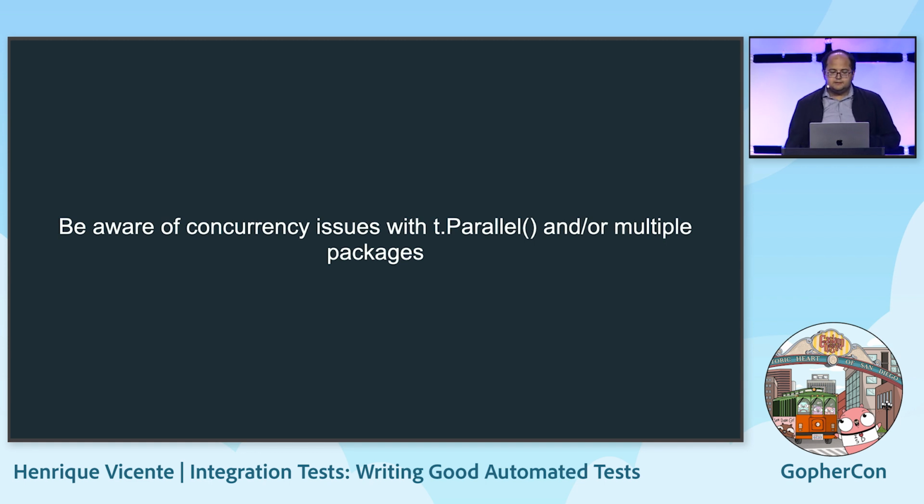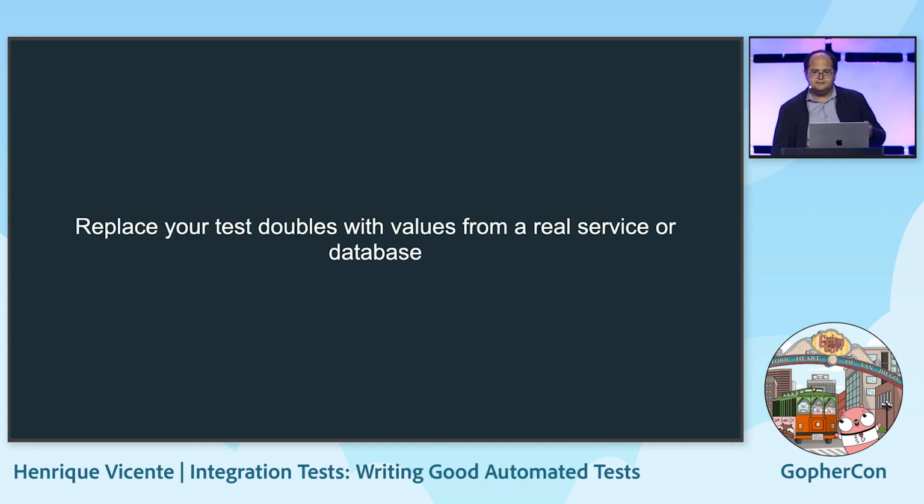By the way, try to have a single repository package interfacing with a database. I say this because you should keep in mind that there is no concept of sub-packages in Go. And that is actually something that will make it easier for you to write integration tests that work well.